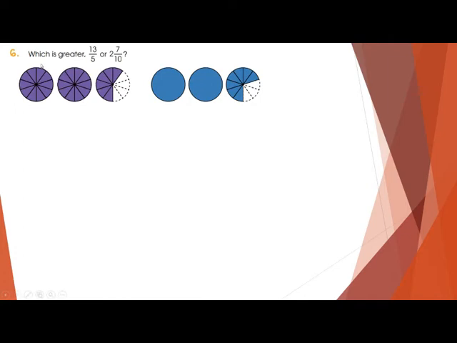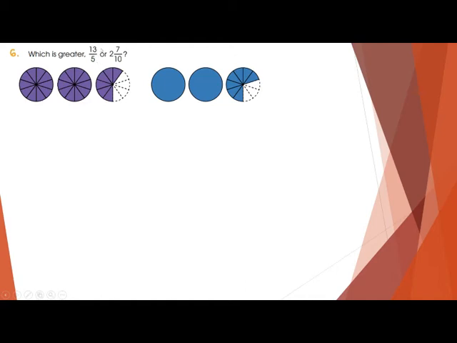Okay, now we have question number 6. Which is greater, 13/5 or 2 7/10? First of all, you have to equate it. Each circle has the same parts. First, you have to multiply 13/5 on both sides by 2.